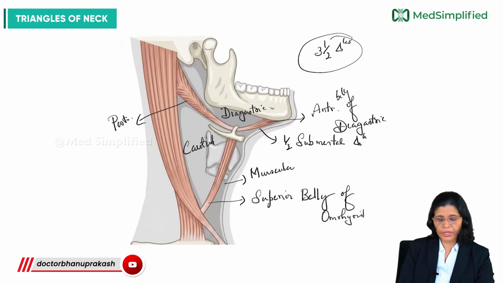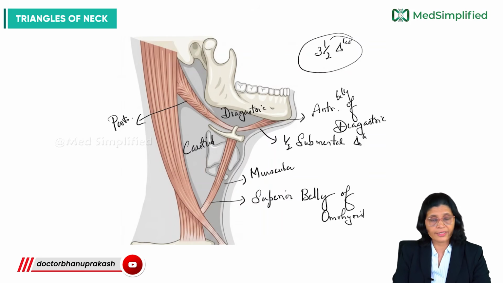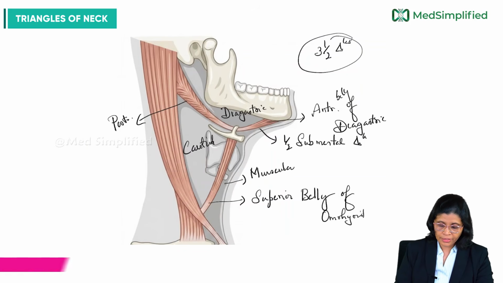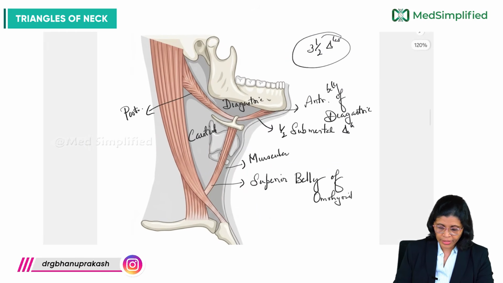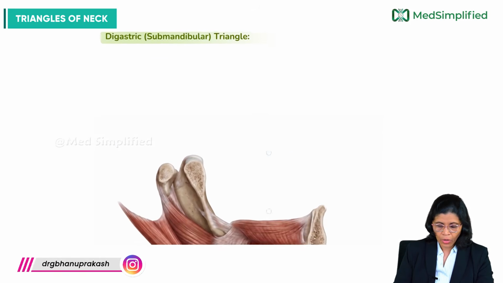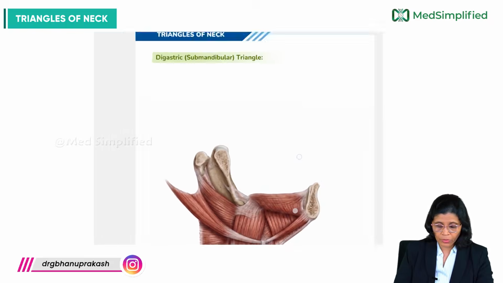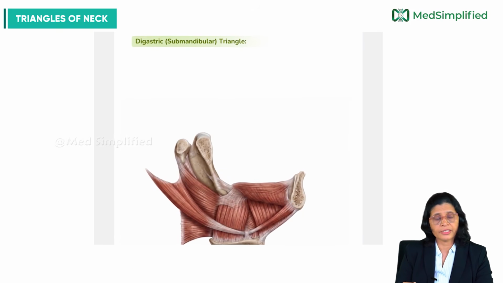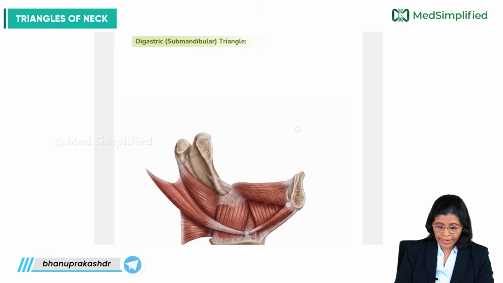The most important triangles here are the digastric and the carotid because they contain the important nerves, vessels and glands in the head and neck region. We will study these two triangles a little more in detail. First, coming to the digastric or submandibular triangle: since it is below the mandible, we call it the submandibular, and since it is bounded by the digastric muscle, we call it the digastric triangle.